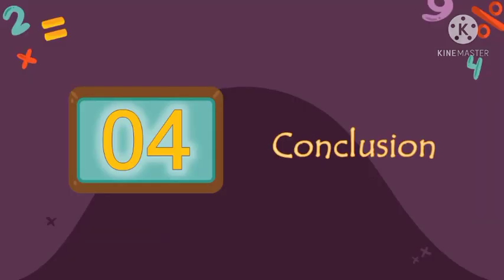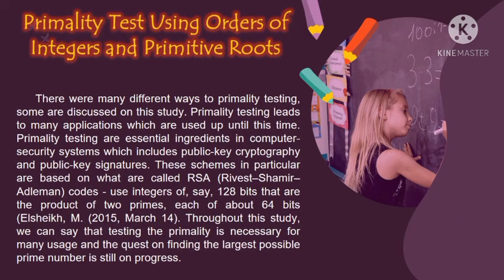We are down to the conclusion of this video. What are our major takeaways from primality testing using orders of integers and primitive roots? There are many different ways of primality testing. Some are discussed in this study. Primality testing leads to many applications which are used up until this time.